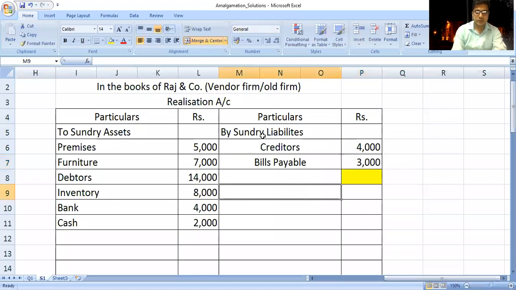We recorded the sundry creditors 4,000, bills payable 3,000.